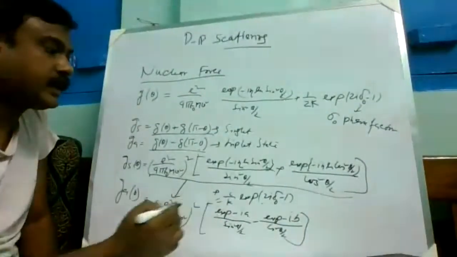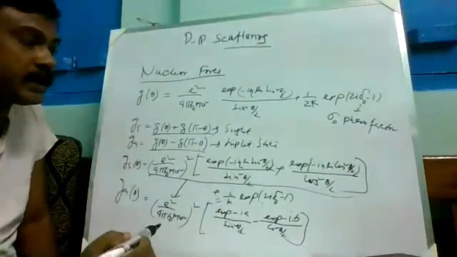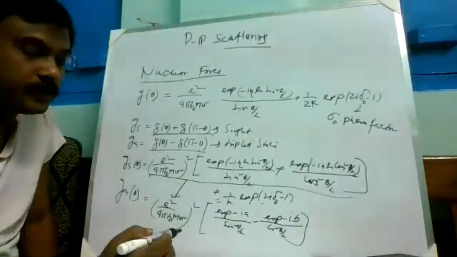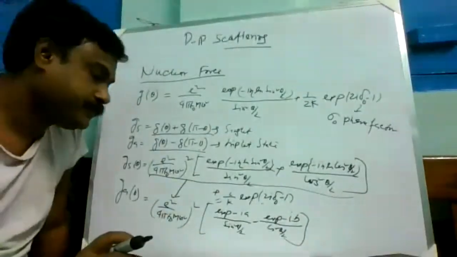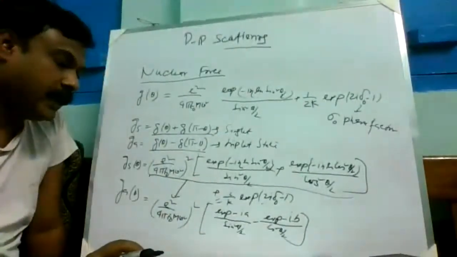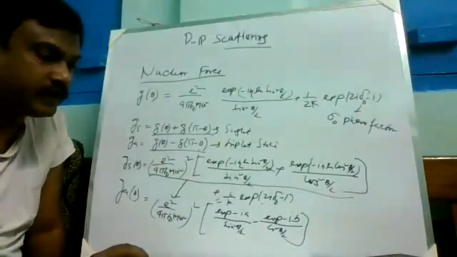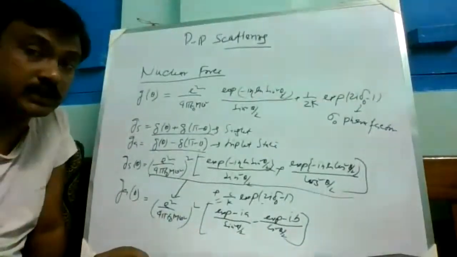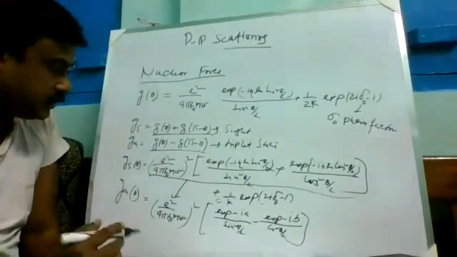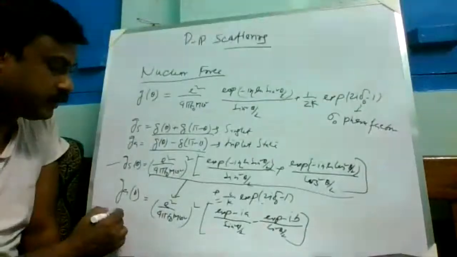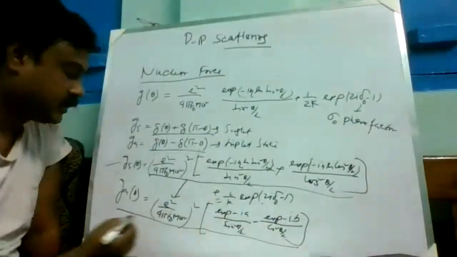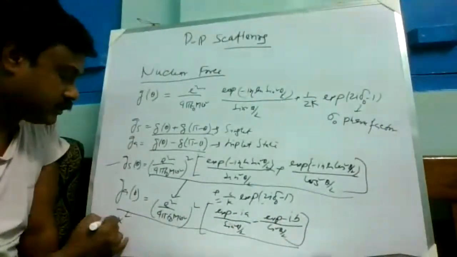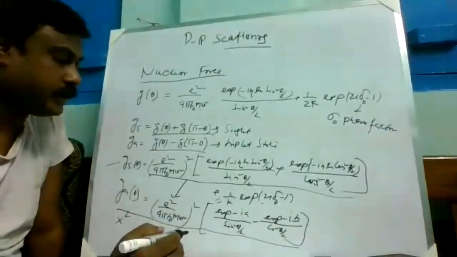And this term will cancel out because there is a minus sign. You can see that for an antisymmetric function, nuclear force does not contribute. The nuclear force is present, but in this case it is not contributing anything.